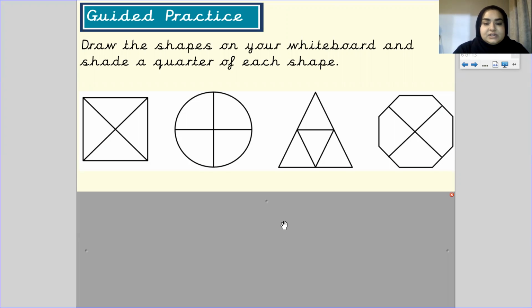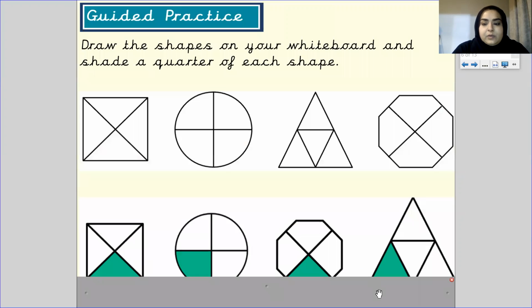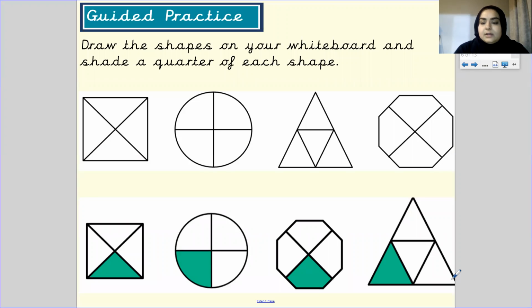Great, fantastic. So now, if we know a quarter means basically 4 sections of a shape, it's telling you to shade a quarter. So you should have been shading one in each.